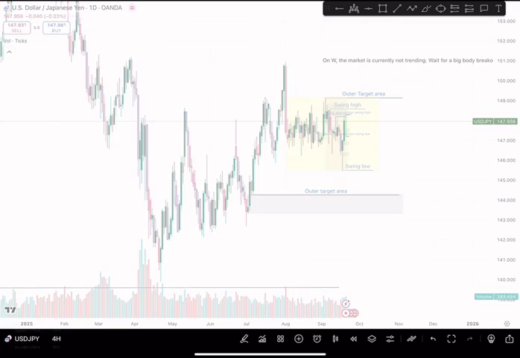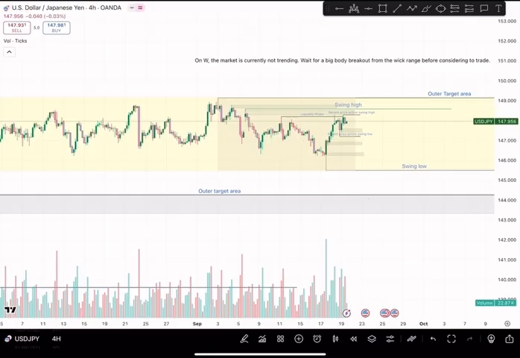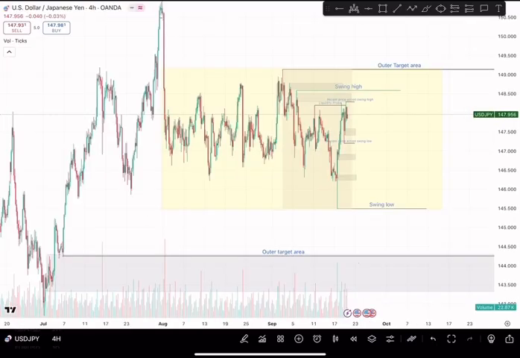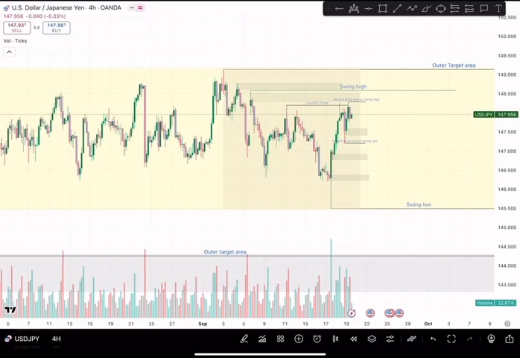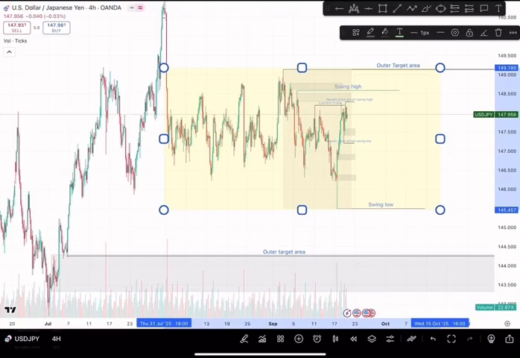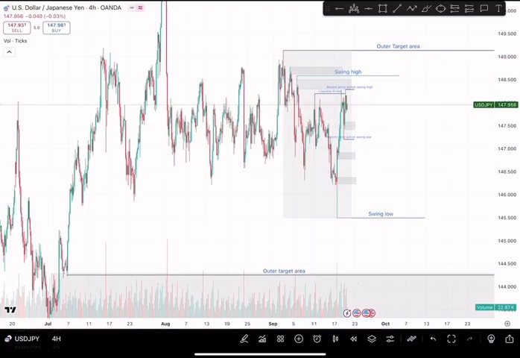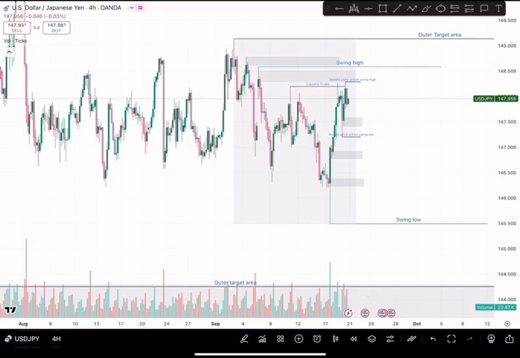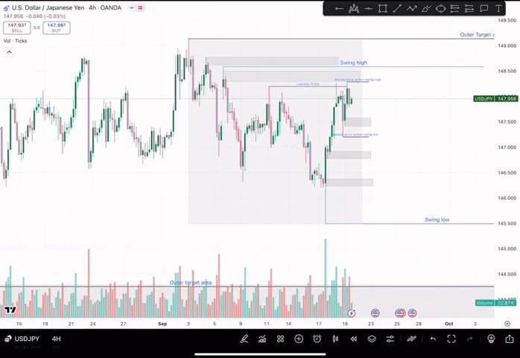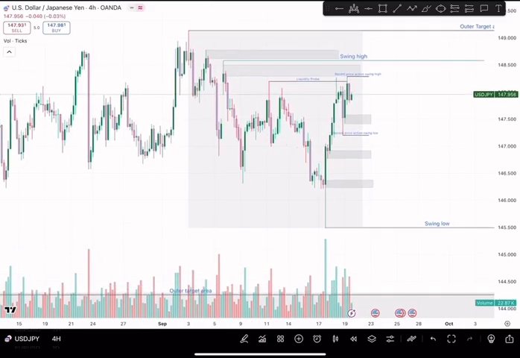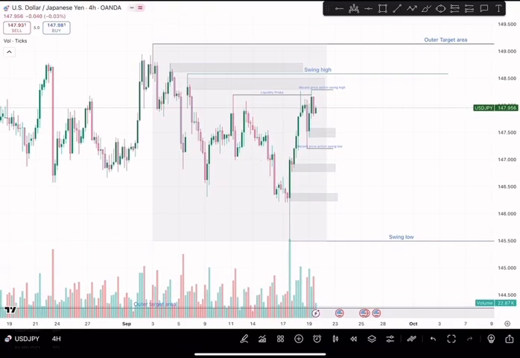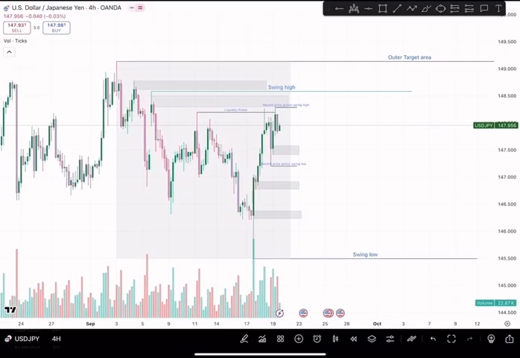So I'm going down to 4 hour now. What I do here, wait, let's delete this. Using the current month that I'm in, which is September right here, I marked out the higher highs and lower lows and stuff.